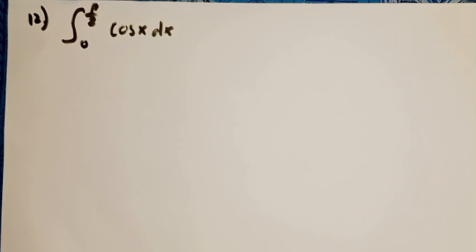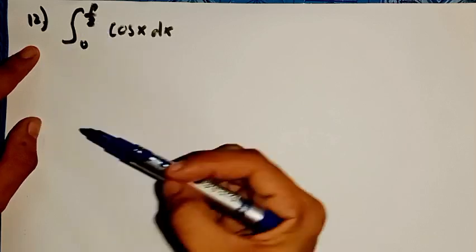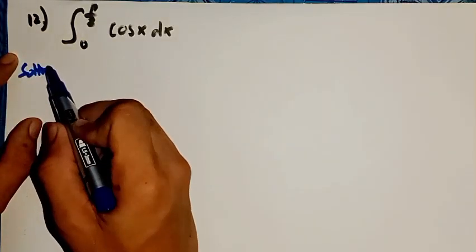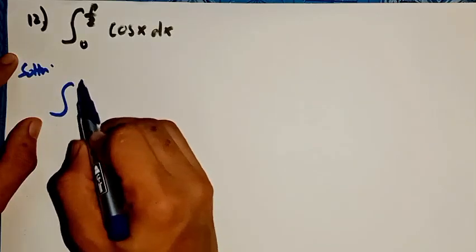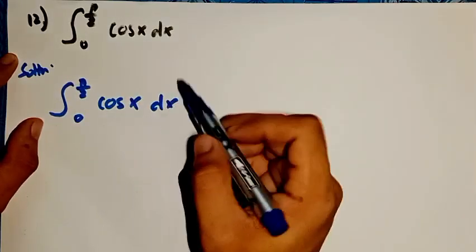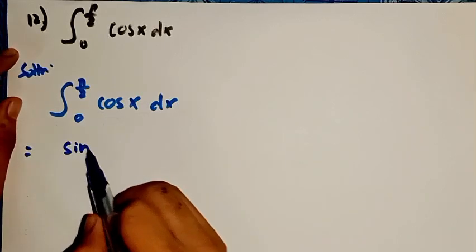Now, let's proceed to item number 12. Item number 12 involves a definite integral, meaning it has a lower and upper limit. To solve this problem, we have the integral from 0 to pi over 2 of cos x dx. Now, the antiderivative of cos x is sin x, right?